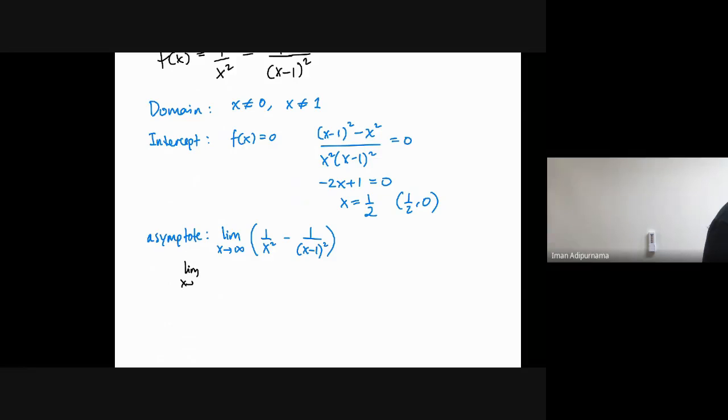So first is this, and second, maybe we need to expand so we can see clearly. So this will be 0. And this also, if you divide by the highest degree, you will get 0 here. So y equals 0 is our horizontal asymptote.